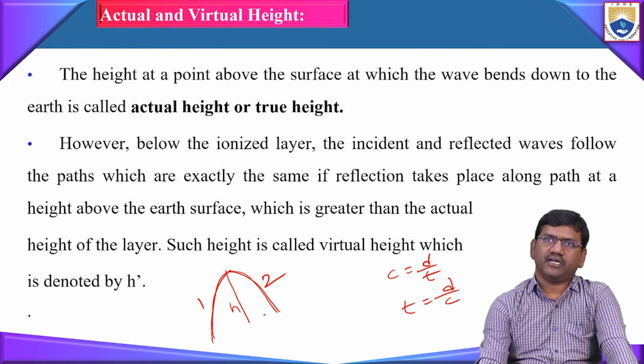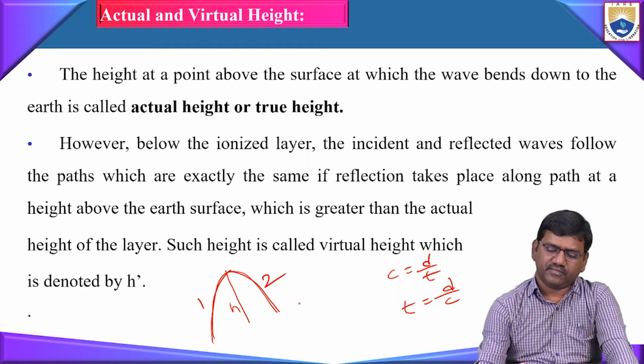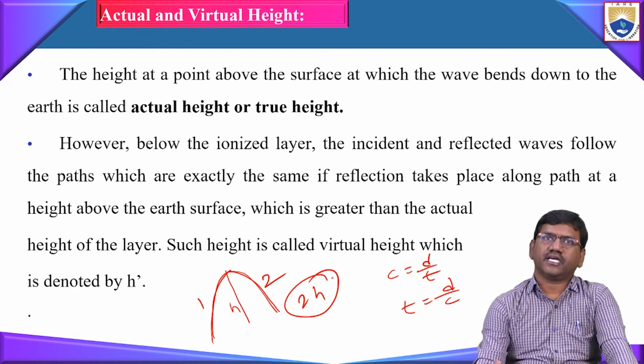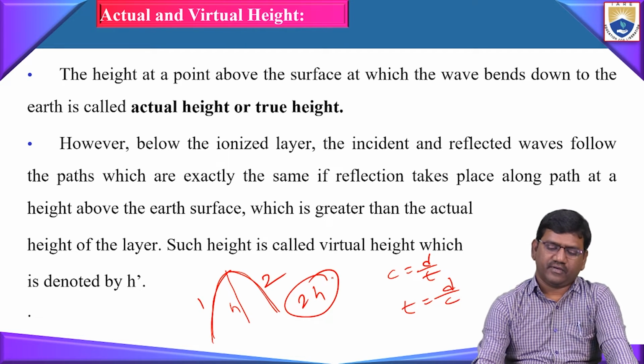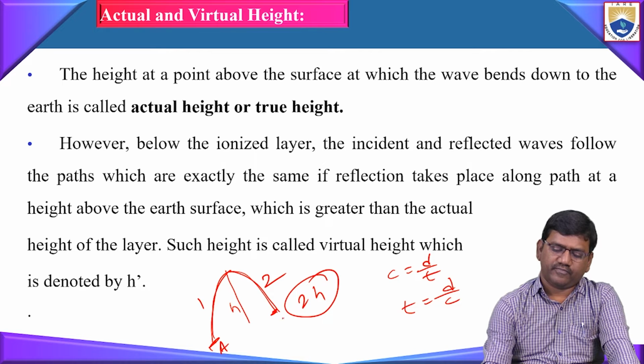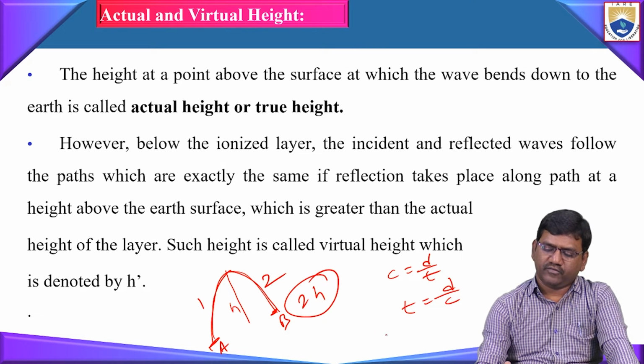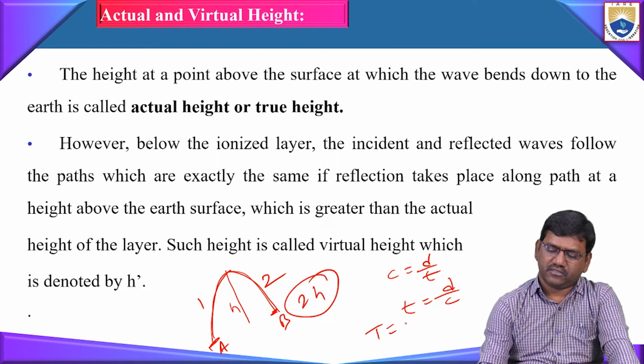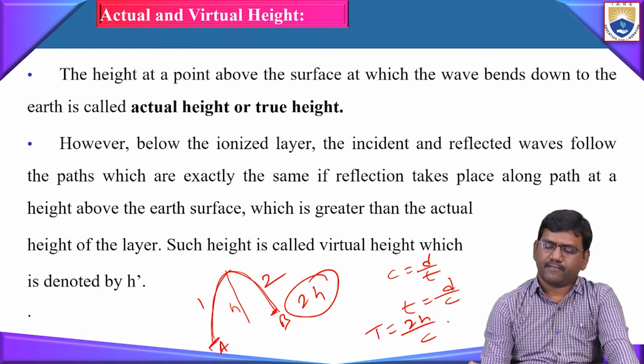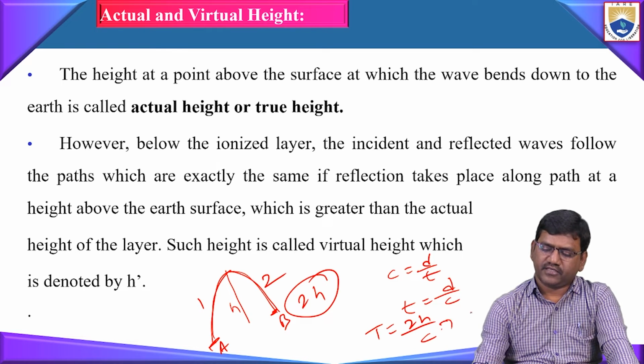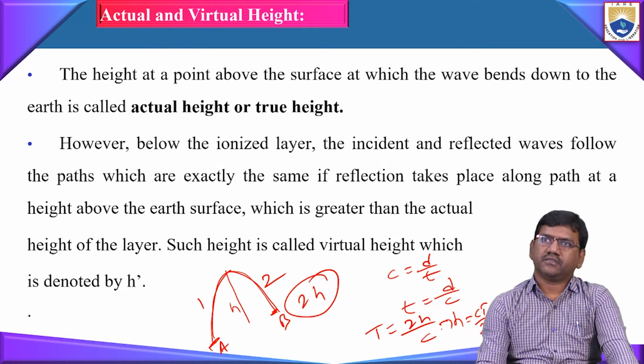Hence the distance traveled by the electromagnetic ray from point A to point B is 2h. So we can write t is equal to 2h by c. From this equation we can write h is equal to ct by 2.